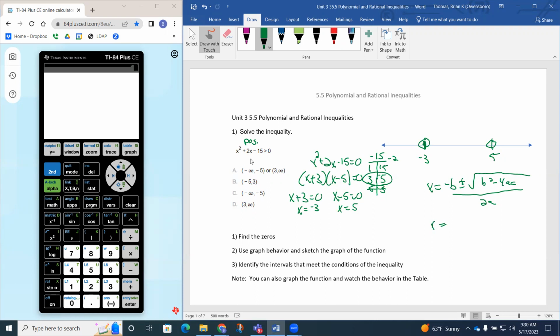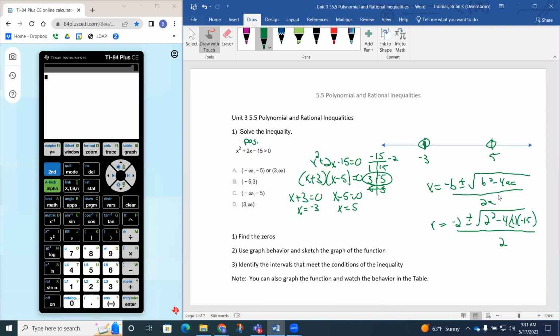Well, b is this 2, so the opposite of 2 is a negative 2, plus or minus, and then we'd have the square root of b squared, which would be 2 squared, minus 4 times a. A is the coefficient of x squared, which is a 1. And the c is the negative 15. And this would be all over 2 times a, and 2 times 1 would just be 2.